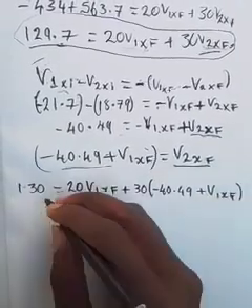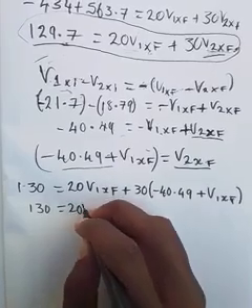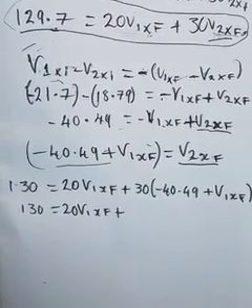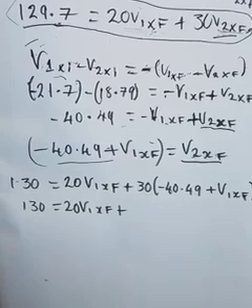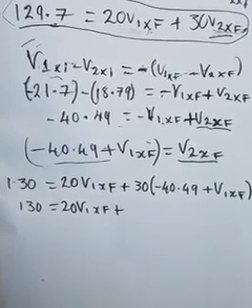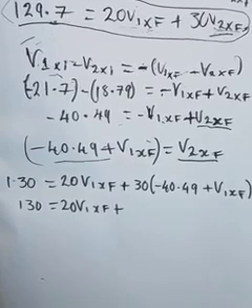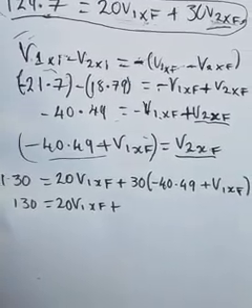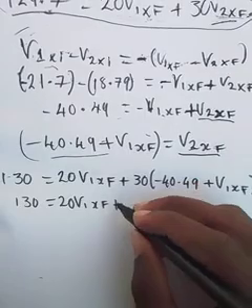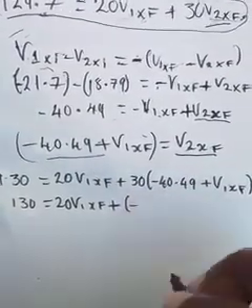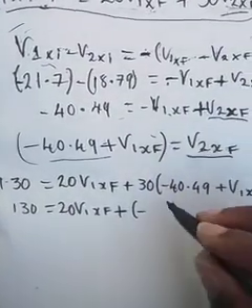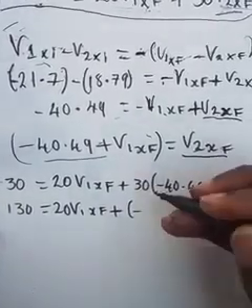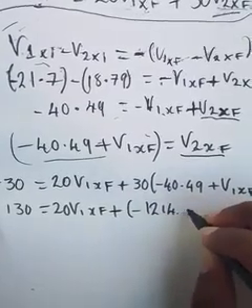So now we have 130 is equal to 20 V1xf plus, now let's multiply. 30 times 40.49, we're getting a negative, so negative 1214.7.